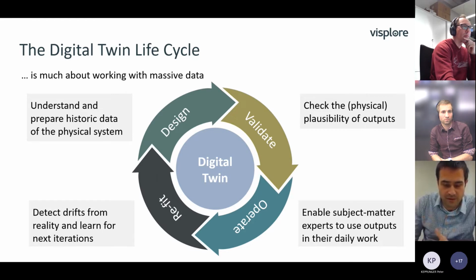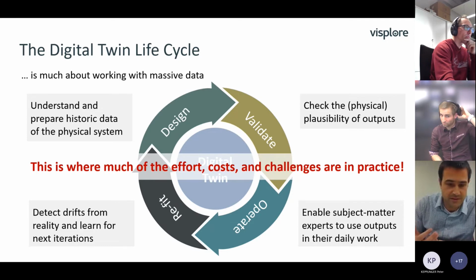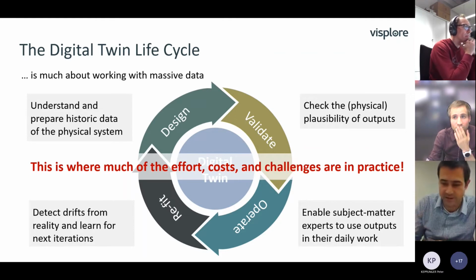And in all these phases, preparing, working with and analyzing massive data is actually where much of the effort, costs, and challenges of digital twin projects are in practice. This is a bit related to a saying in data science that the typical ratio in a data science project is 80% of effort goes into data understanding, cleaning, integrating, and preparing the data, and only the remaining 20% are actually the model building.